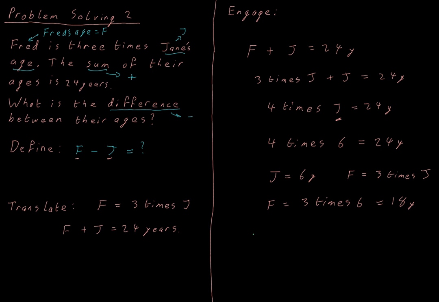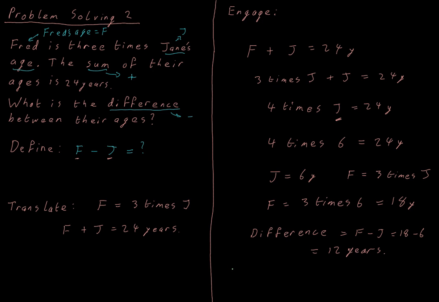Well, the difference between the ages would be Fred's age minus Jane's age would equal 18 minus 6 would be equal to 12 years. So now I've solved my problem.